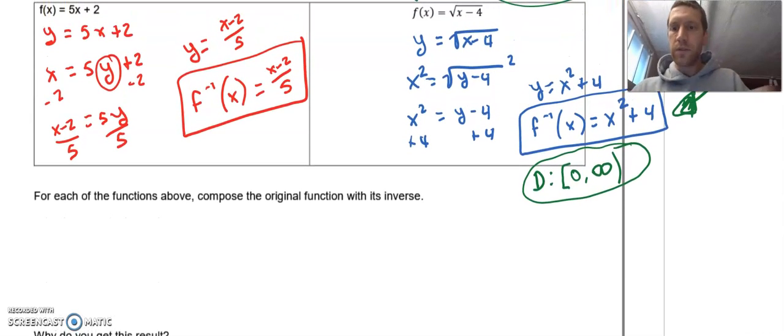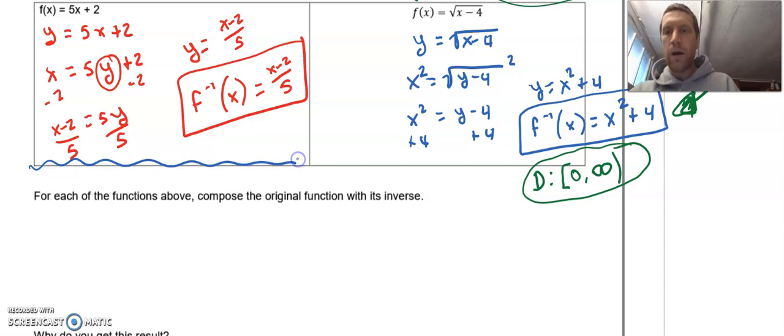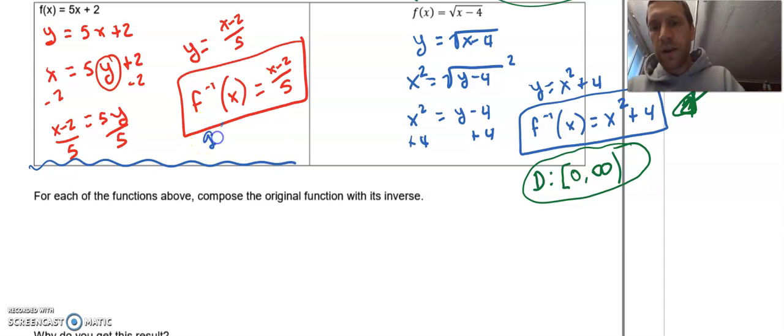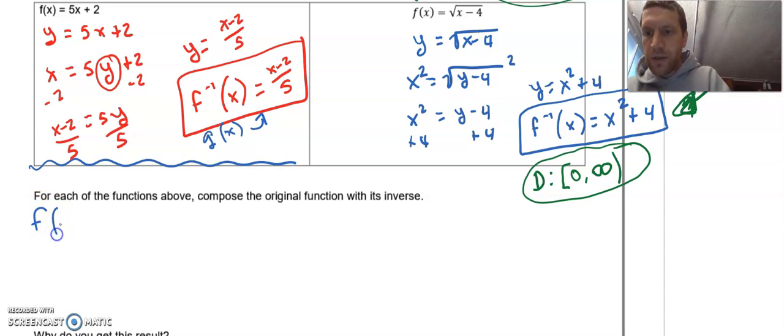Let's look at this first box here. If I look at these two functions, let's call the inverse g of x for right now. If I compose those two functions together and simplify, let's take a look at what happens. So what I mean is let's do f of g of x. We're composing these two functions.